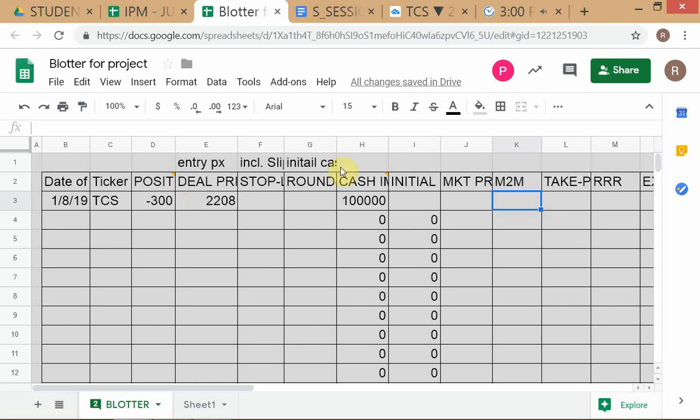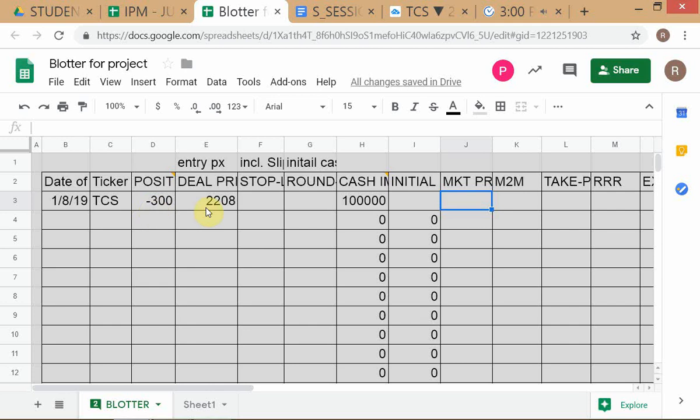So here you can learn a little bit more about Excel, investigate that DDE link if you want to, how you get DDE links now and which websites give you that option, and maybe even Money Control would give you that option. So you can put the market price over here, and then the M2M is nothing but the difference between the current market price and your entry price.